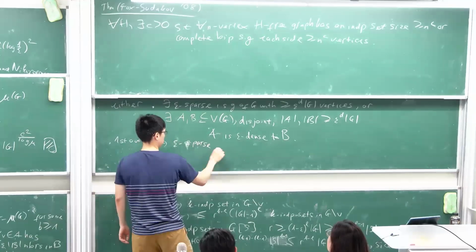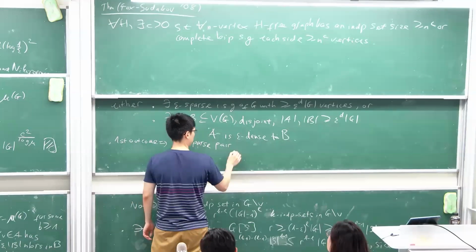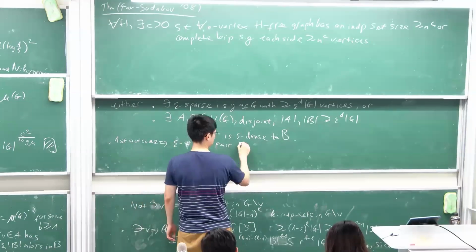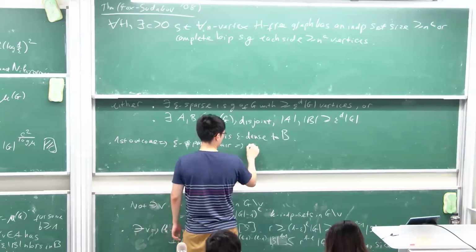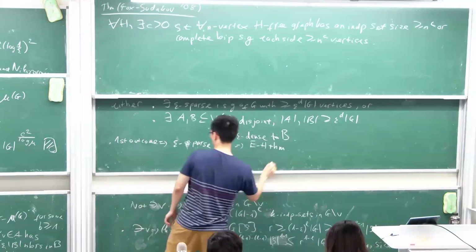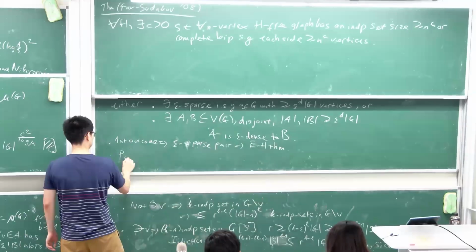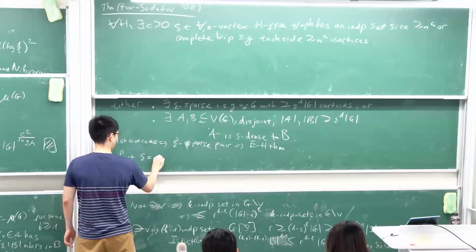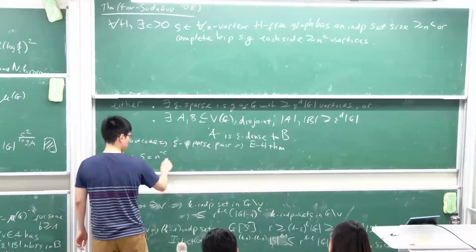That's the sparse pair. So that will be fine. And put epsilon as n to the -c for some small c.